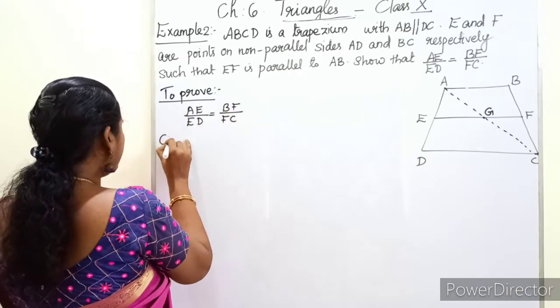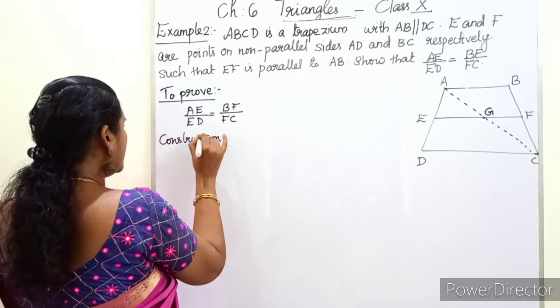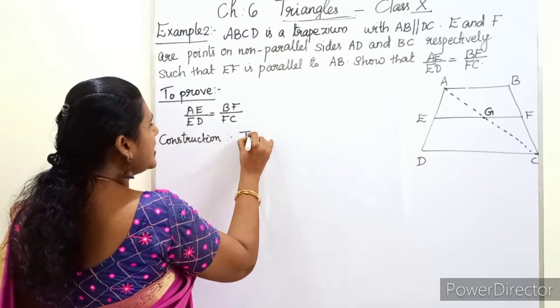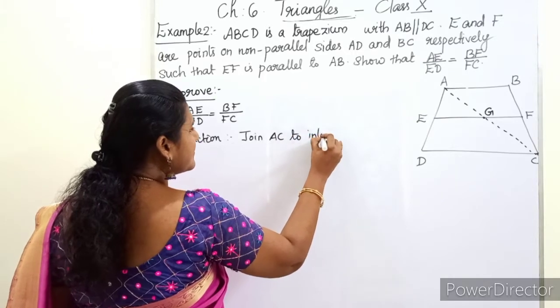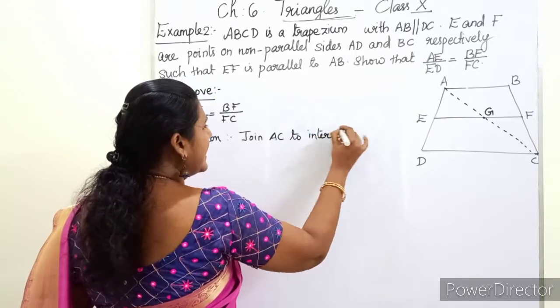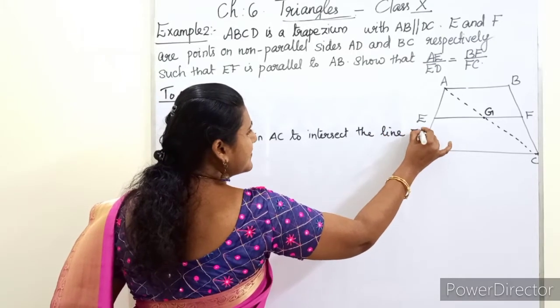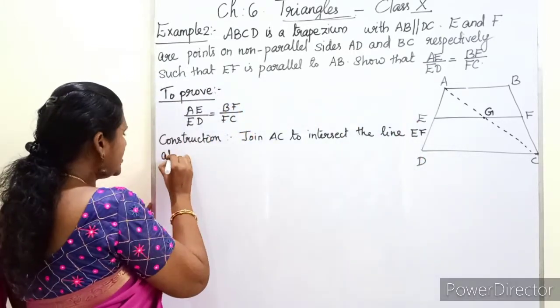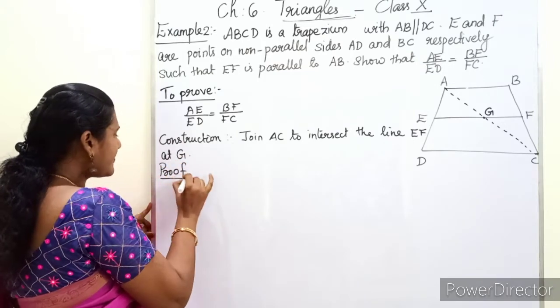Now construction: join AC to intersect the line EF at point G. Now we will see the proof.